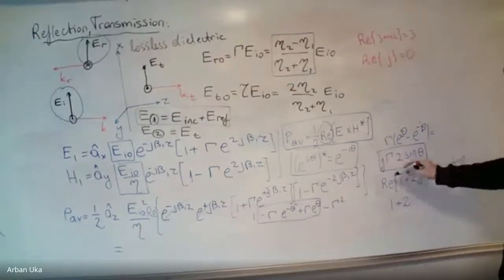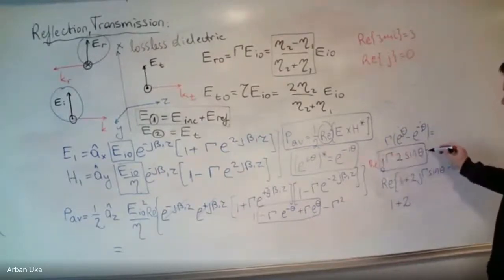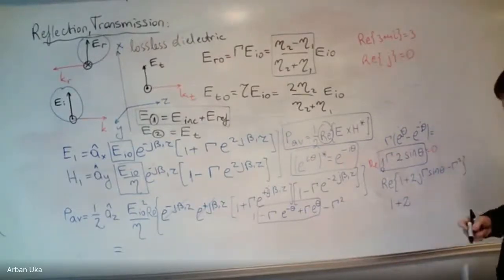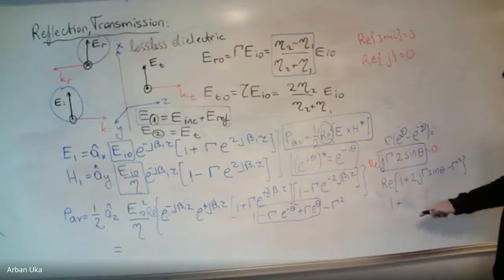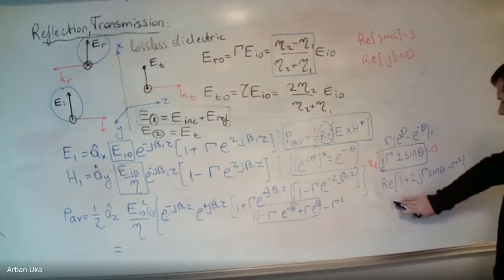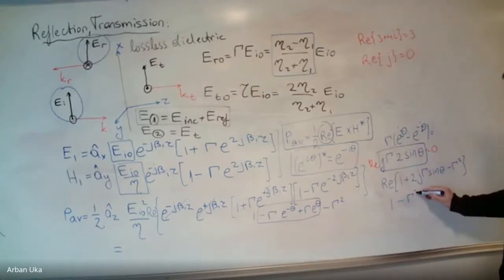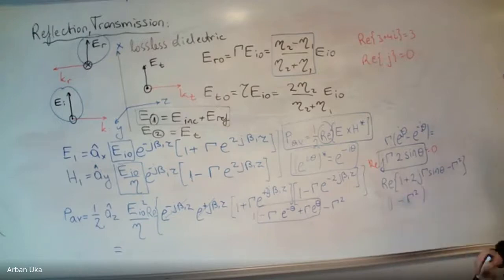It's only 3, but the real part of j is 0. That's true. So the real part of this one is all zero, which means that this whole term here, the real part of 1 plus whatever we have, is simply going to be 1 minus the reflection coefficient squared, okay?